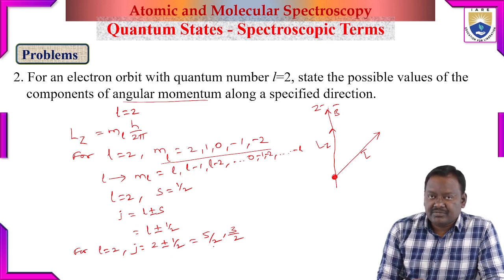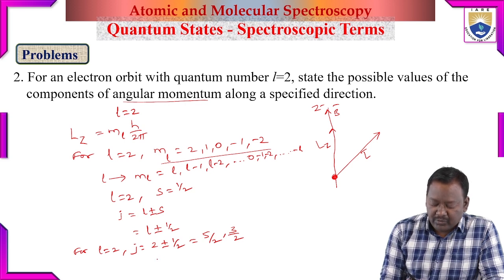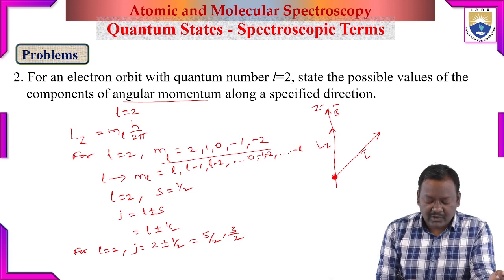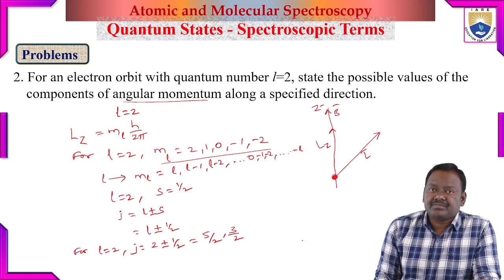So these are the J values. To find the total angular momentum component, we are finding the total angular momentum component along the Z direction.